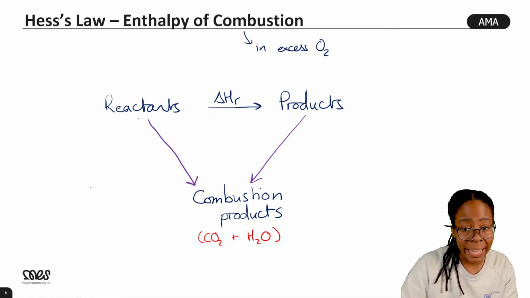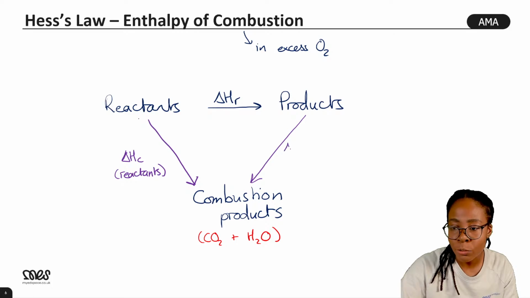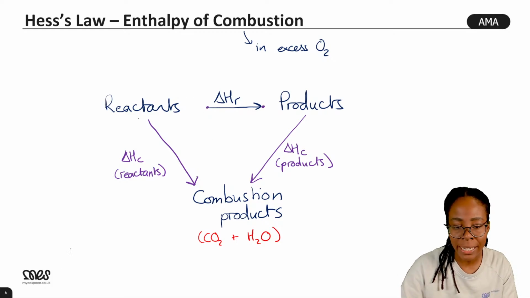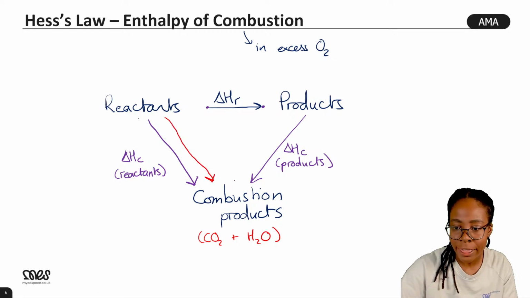Once again, we can label these arrows. This first arrow represents the enthalpy change of combustion for our reactants. And this arrow represents the enthalpy change of combustion for our products. But again, we need to find out our route. So we need to go from the reactants to the products in an indirect way. So what do we have to do? Well, we have to go first down and then up.